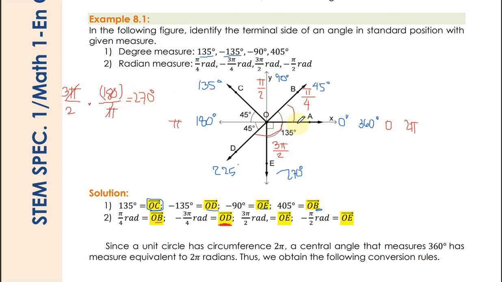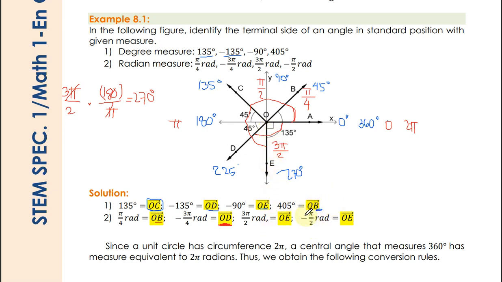So 270 degrees, positive, so counterclockwise direction. So this is 90, 135, 180, 225, 270. So our answer here is OE.